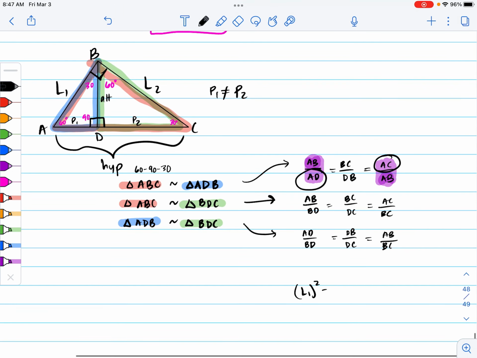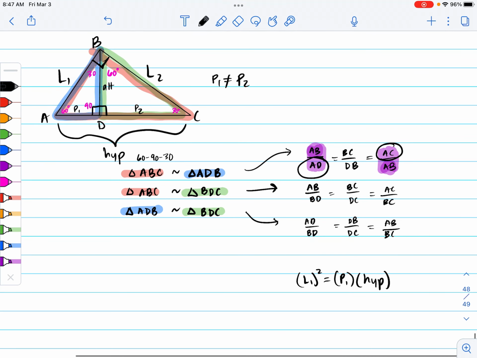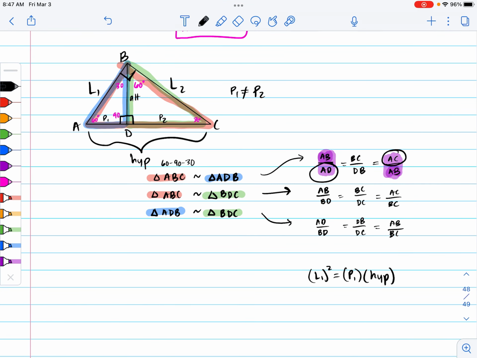Now what's AC? If we cross multiply AC and AD, using the names I've used here, AD is part 1, and then AC is the entire hypotenuse. So we actually have an equation to solve for leg 1 specifically.